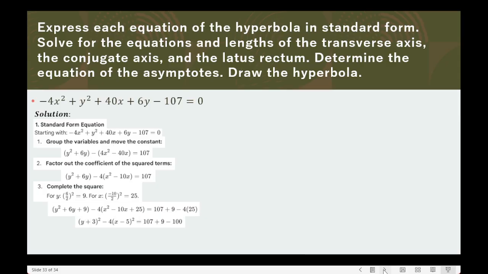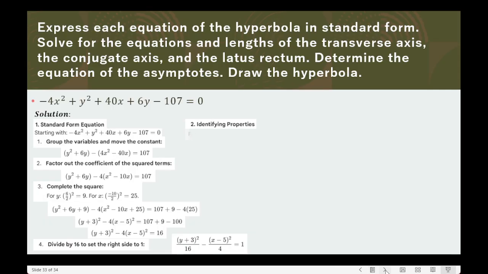Then simplifying the equation further, divide both sides by 16 to set the right side to 1. And this is the standard form of this ellipse, I mean hyperbola, from its general form.